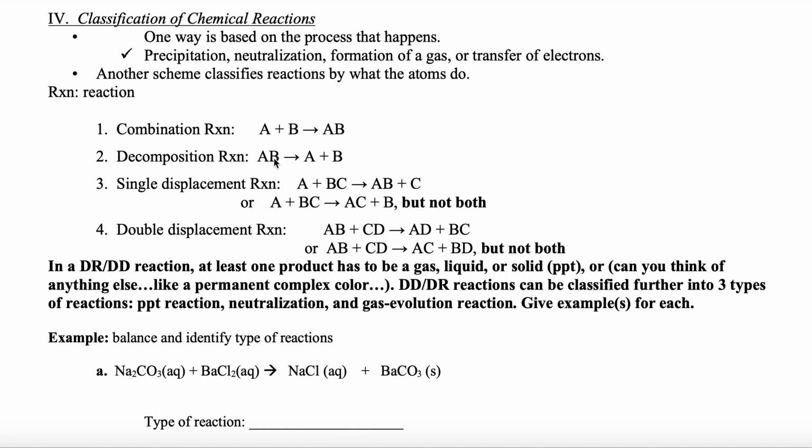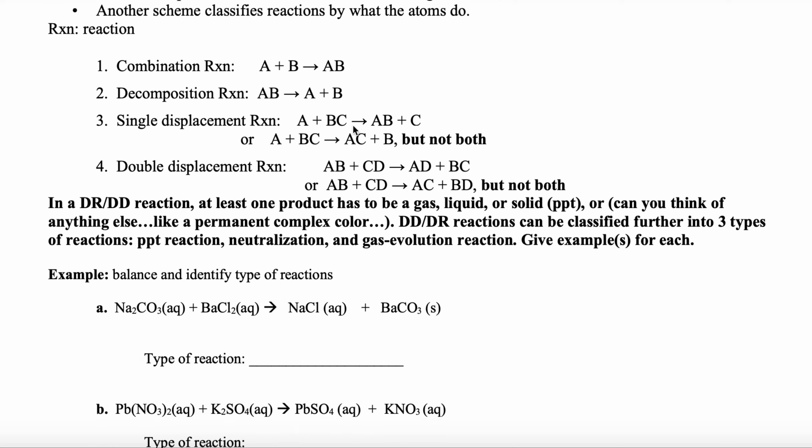A decomposition reaction is the opposite, when you have a compound with two or more elements breaking down into two or more compounds. Okay, single displacement, look for single elements. If you have one single element, then you know you have a single displacement because A will displace C or B. Okay.